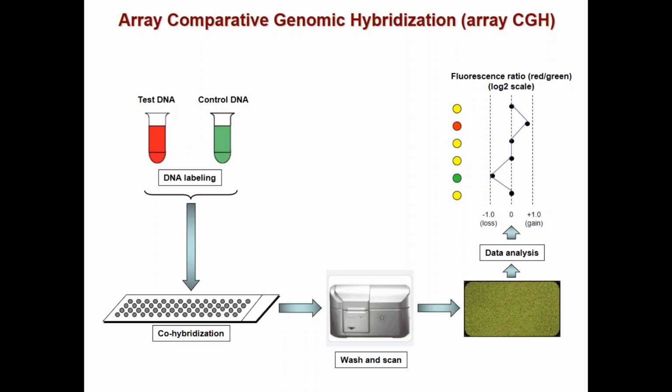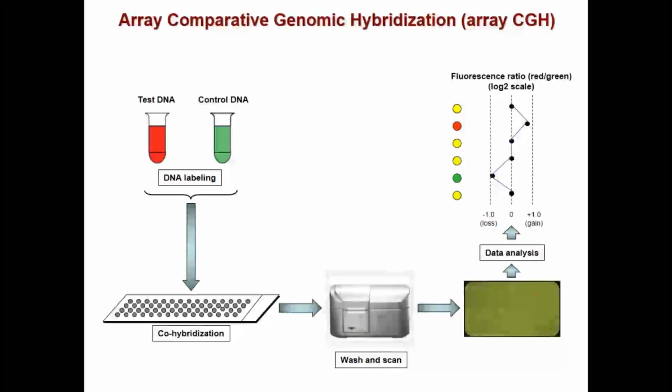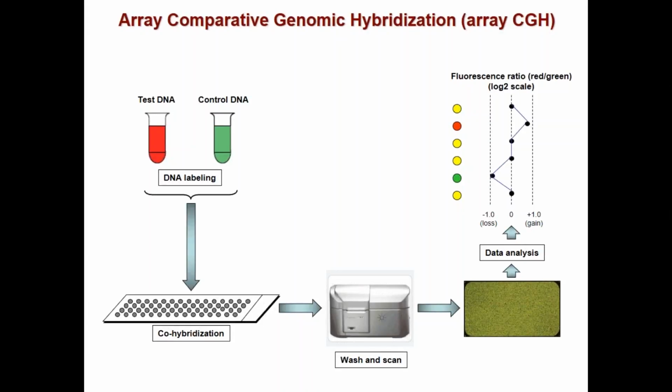So let's move on to the technology part of the lecture. How can we actually detect these things? So the general term is called chromosomal microarray. The chromosomal microarray technology was introduced approximately 10 years ago and was very important in detecting these CNVs: where they are, where the hotspots are, where the benign CNVs are, where the pathogenic CNVs are, and so on.